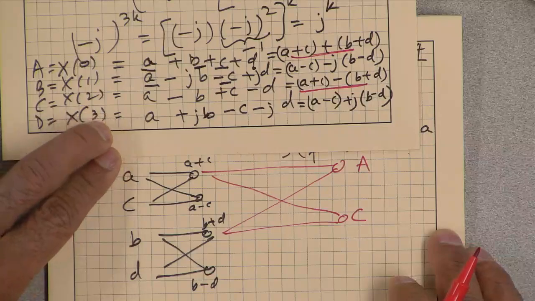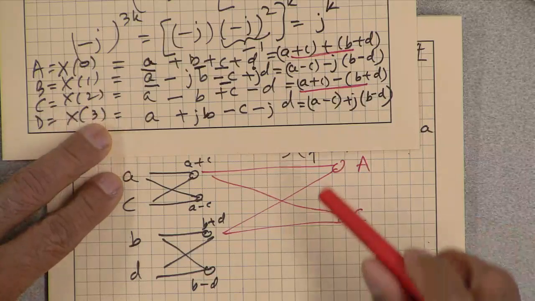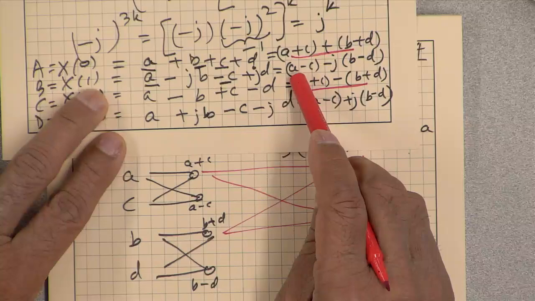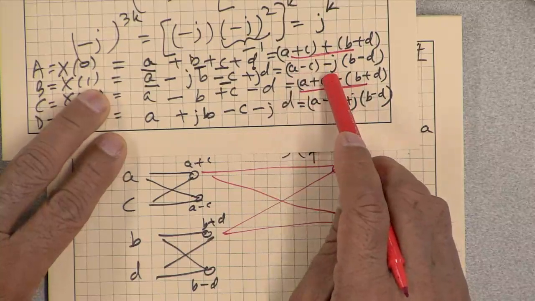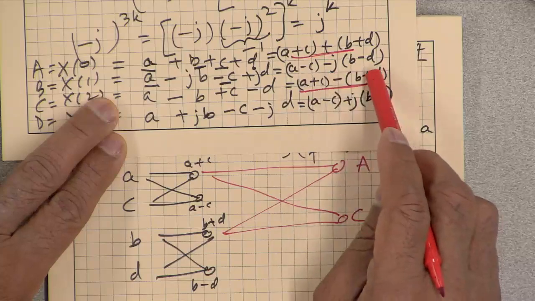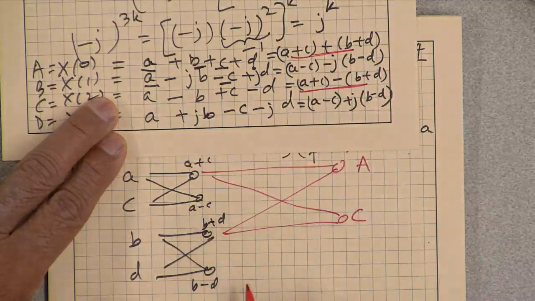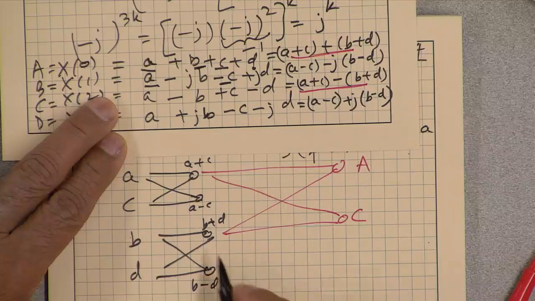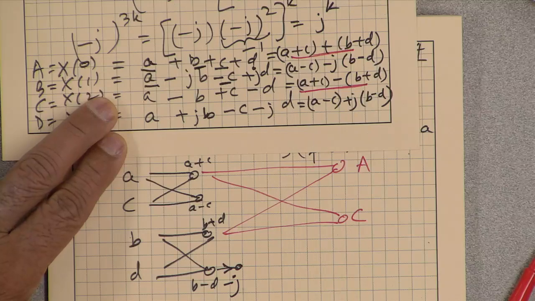Okay, so what is happening with the other two? Let's take a look. A minus C minus j times B minus D. So what I can do is multiply this quantity by minus j. Okay, I multiplied this quantity by minus j. Then what happens?